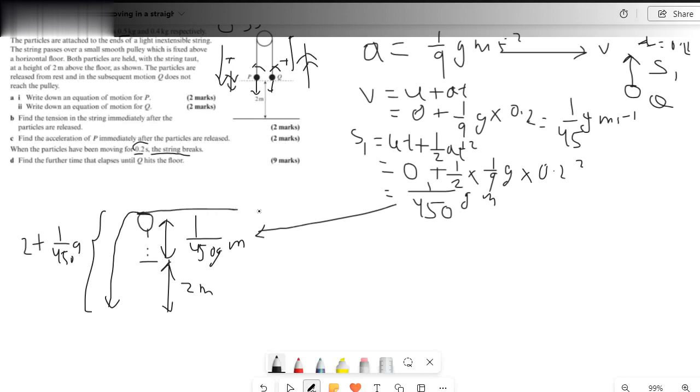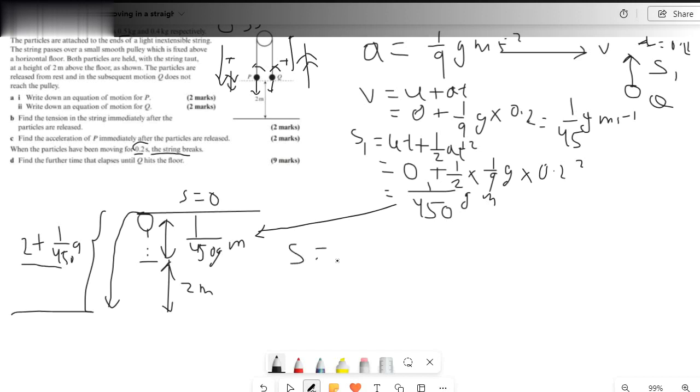So if you consider this point as the reference point, or displacement equals 0, and the particle falls through a distance of 2 plus 1 by 450 g, we can say that the displacement is negative of 2 plus 1 by 450 g.